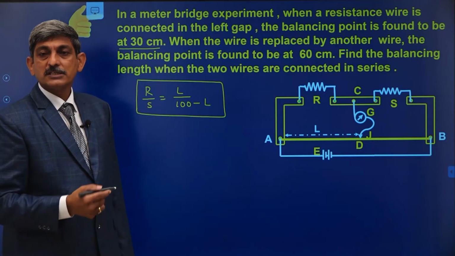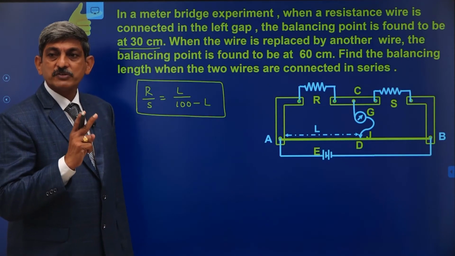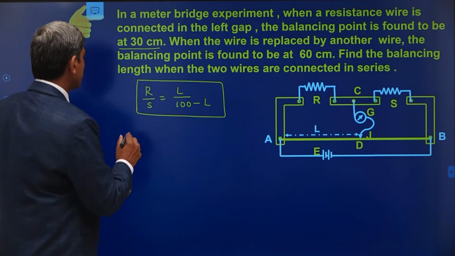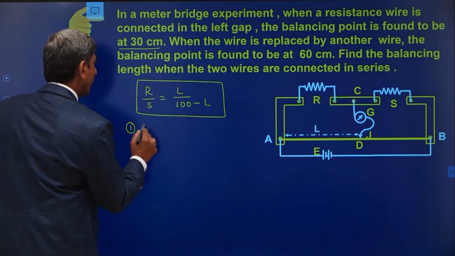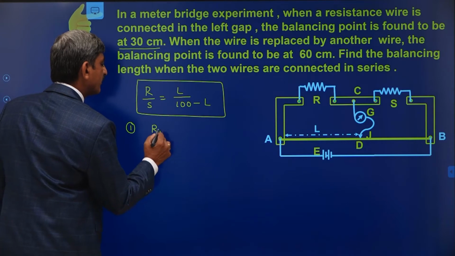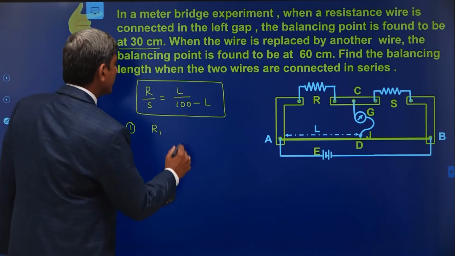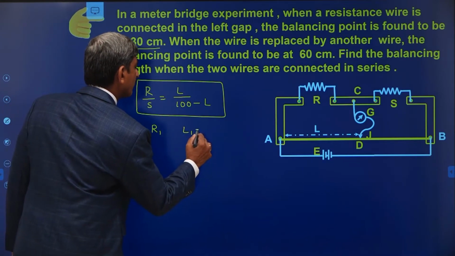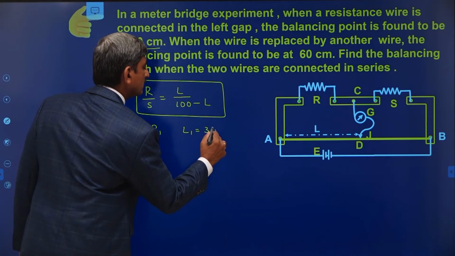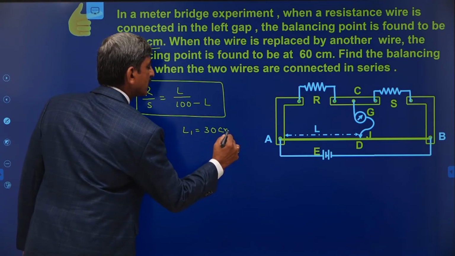Let us assume that the resistance of the first wire is equal to R1. That means in case 1, when we connect a resistance R1 in the left gap, the balancing point is found to be L1 equal to 30 centimeters.